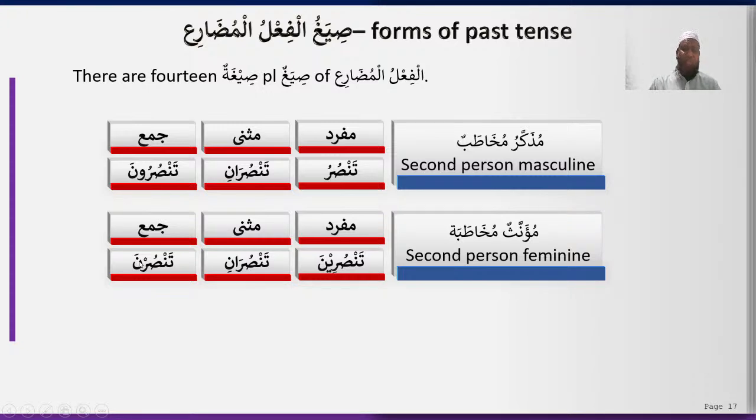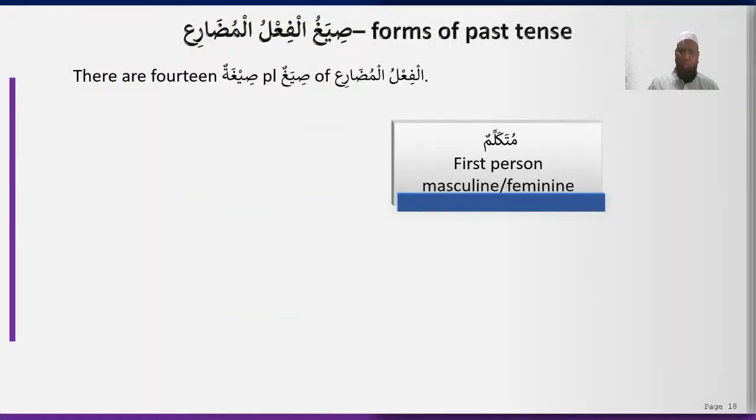So the 6 مخاطب sigas, مذكر first, تنصر تنصران تنصرون. مؤنث مخاطبة مفرد تنصرين مثنى تنصران جمع تنصرن. So 6 sigas for غائب مذكر 3 مؤنث 3. 6 sigas for مخاطب مذكر 3 مؤنث 3. That makes 12. We need 2 more.